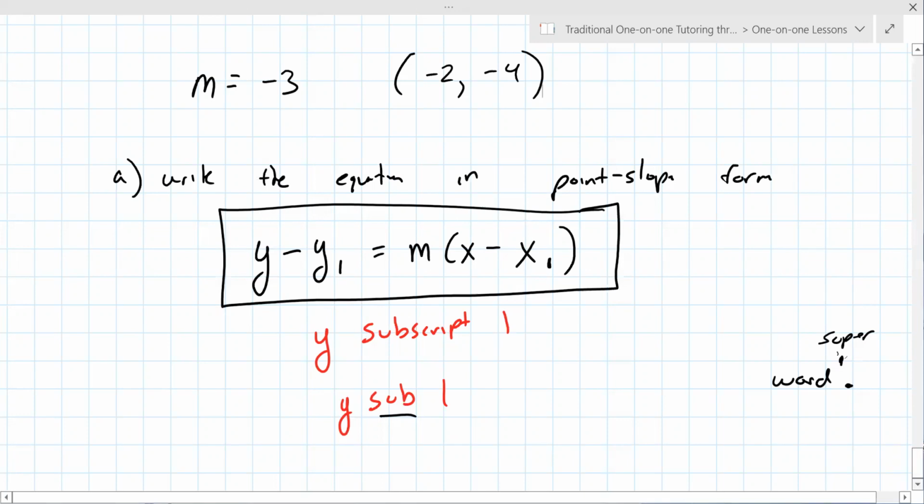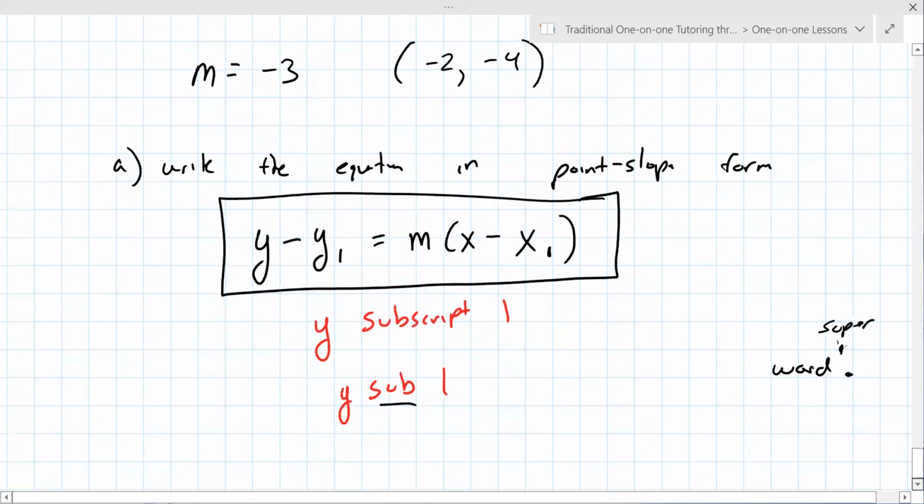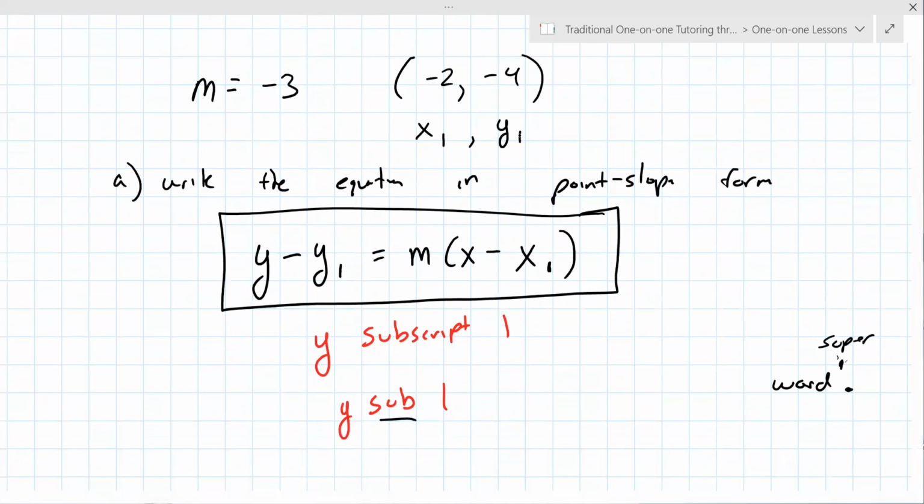Wait, is the -4 goes in for the y, right?